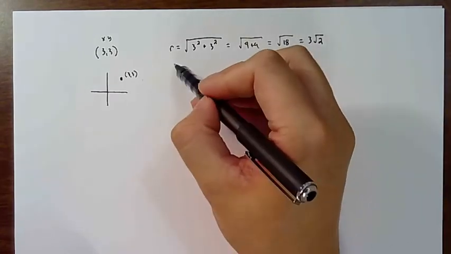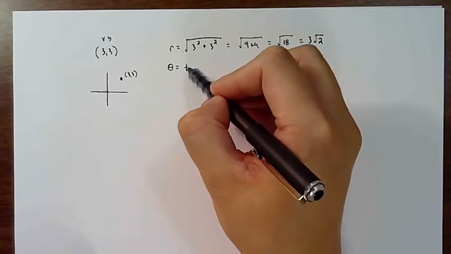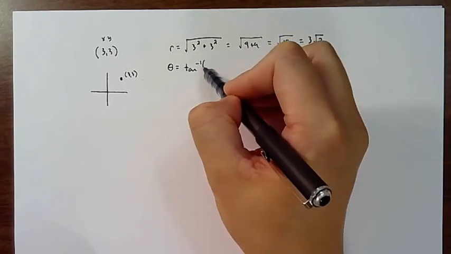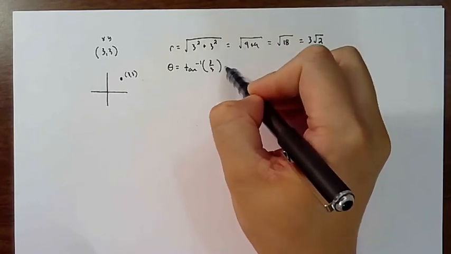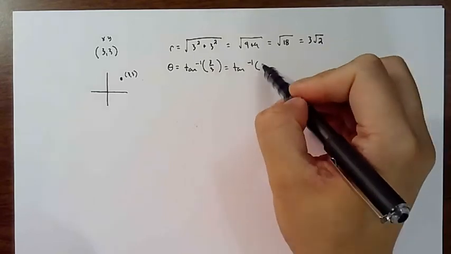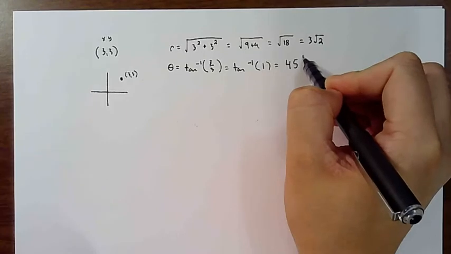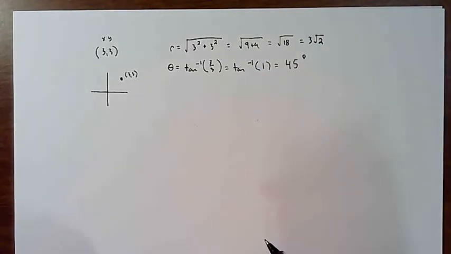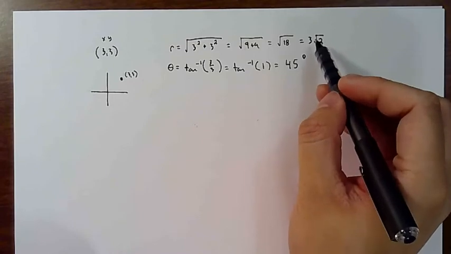Now the theta, I'm going to use the trick here and say arctan of y over x, which is just arctan of 1, or 45 degrees. Well, what I want to do is I want to check to see if this lines up.